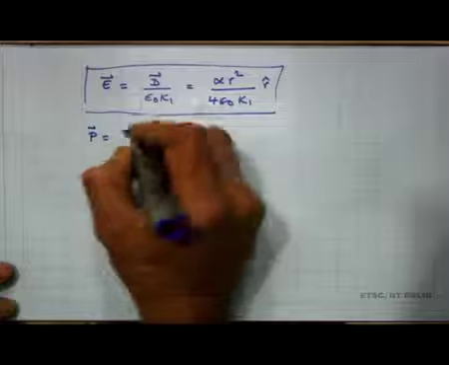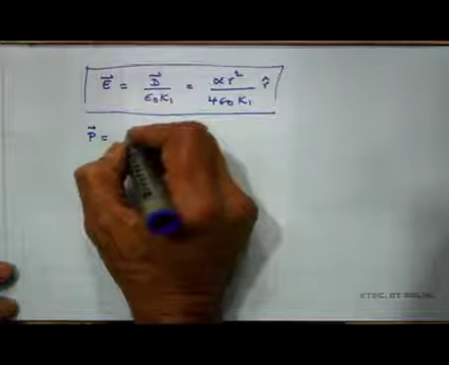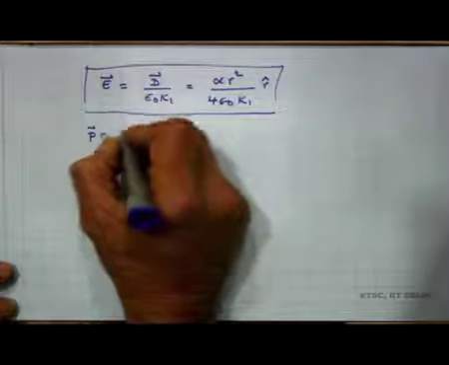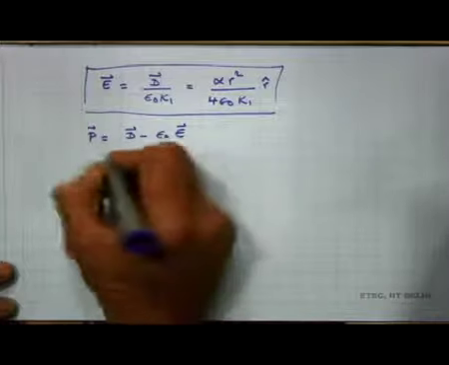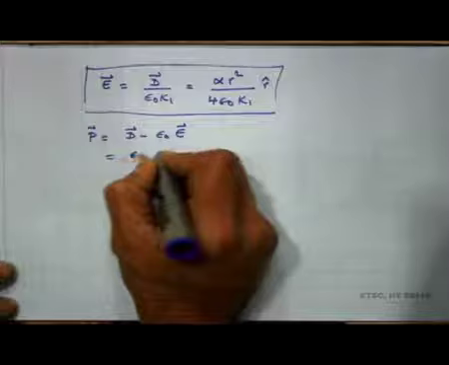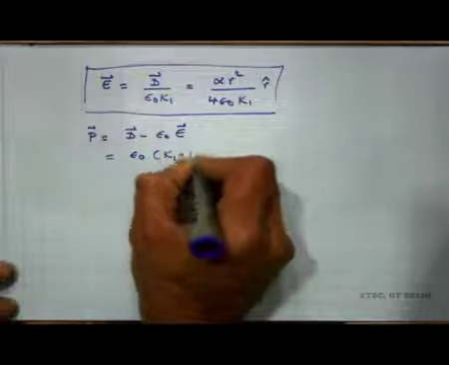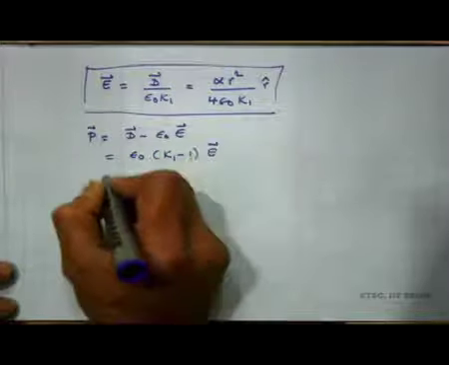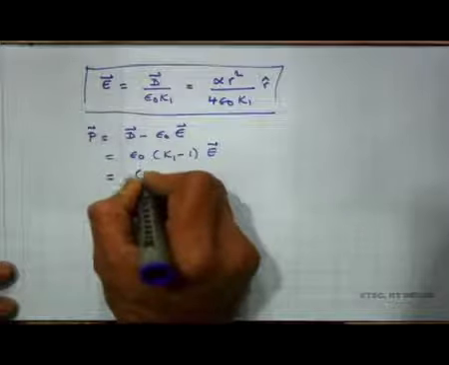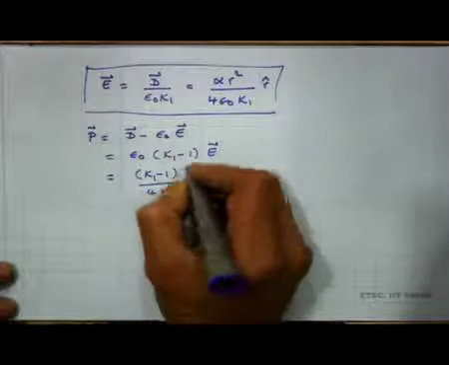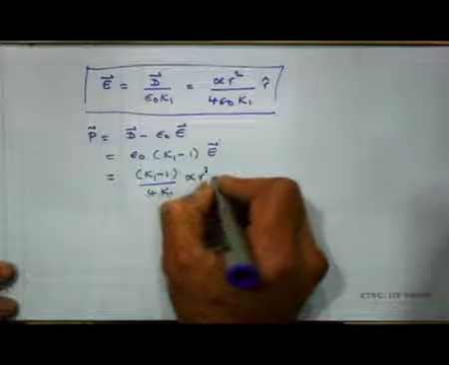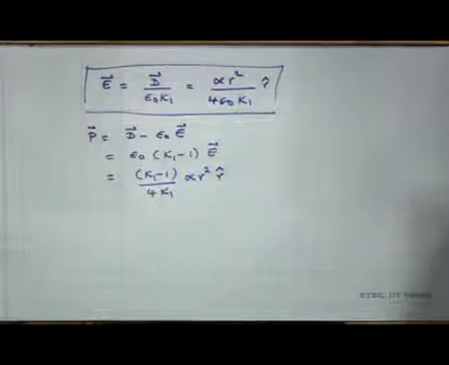P is equal to D minus epsilon 0 E, which is equal to epsilon 0 into (K1 minus 1) into E, which is equal to (K1 minus 1) divided by 4 K1 times alpha r squared r cap. That is the polarization vector.